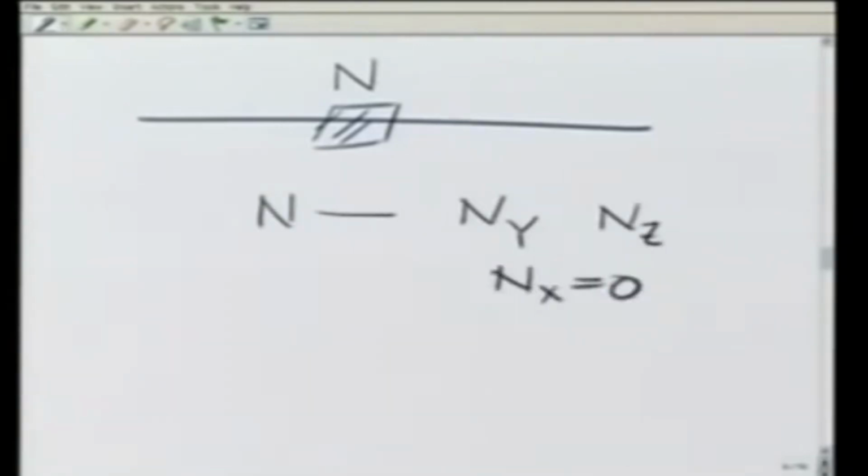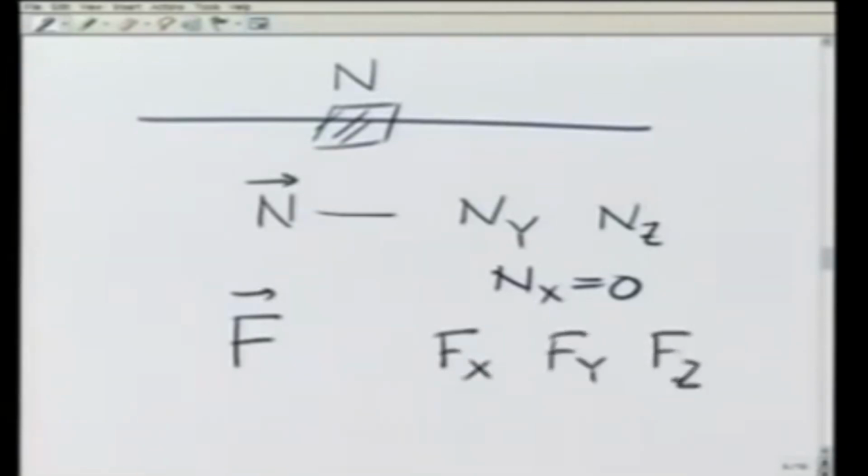Since the normal force is going to be perpendicular to the wire, N is going to have only two components, in the y direction and in the z direction, and Nx is always going to be 0. The force F that I have applied, or I should write a vector here, is going to have all three components Fx, Fy and Fz.